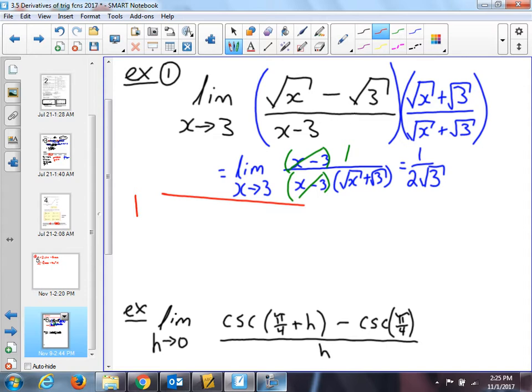If f of x is equal to, I'm not going to write it as root of x, I'm going to write it as x to the half. So what's the derivative then? Half x to the negative half. Okay, right? Subtracting 1. And we want to evaluate this at the number 3.